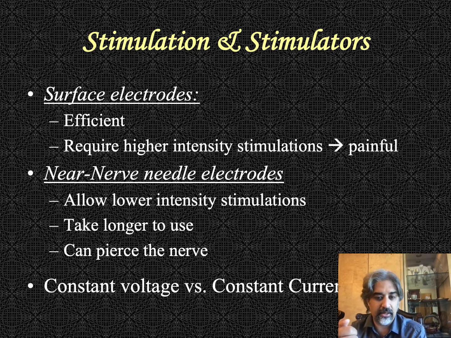And that's what the stimulator gun is, basically. It's a bunch of surface electrodes attached to a battery. When you press the button, current is delivered. Most of us use surface electrodes, although there are some people who do near nerve needle electrode stimulations. There's a difference between constant voltage versus constant current, and I believe generally all of these stimulators are using constant current.